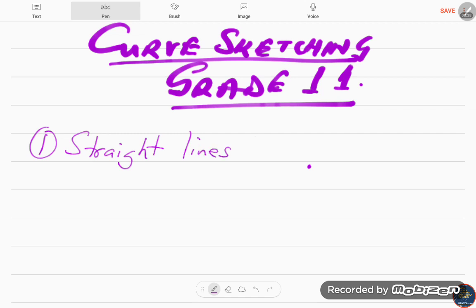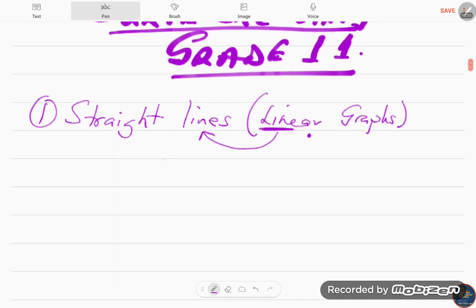the straight lines, also known as linear graphs. Pay close attention. That already tells you that you're dealing with a line graph. Usually it's of this form. That is the basic graph for this one.